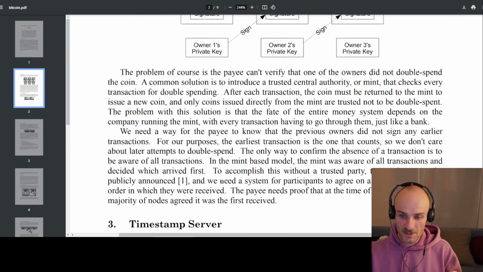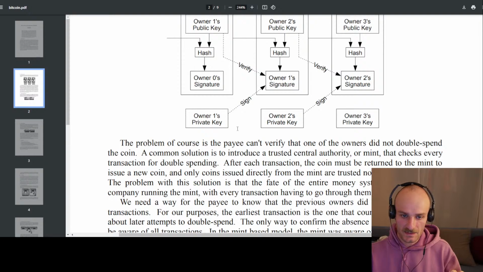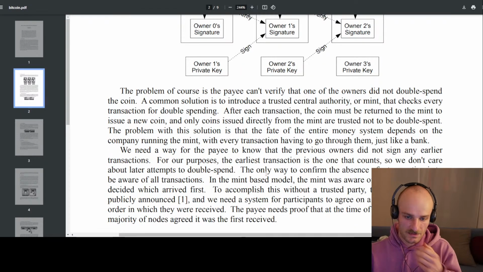Instead, here is being proposed not only the signature side of things.